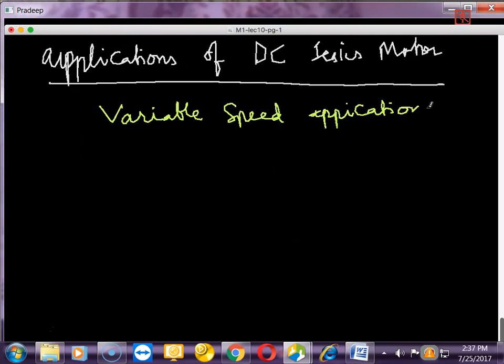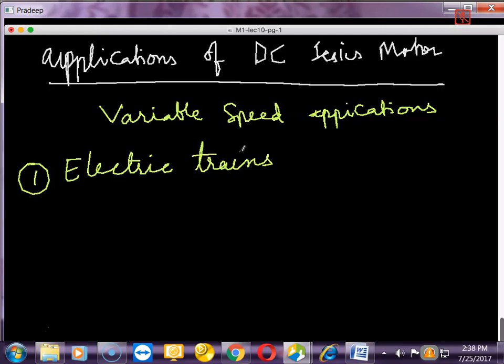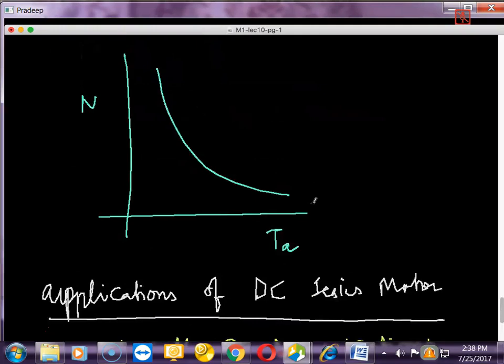So the first one is electric trains. So what happens in electric trains? Look at this diagram. When the speed is low, take this point, very high torque is generated. That very high torque is useful for starting an electric train, and slowly the electric train gathers some speed and the speed starts increasing.